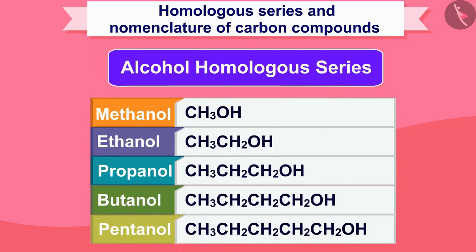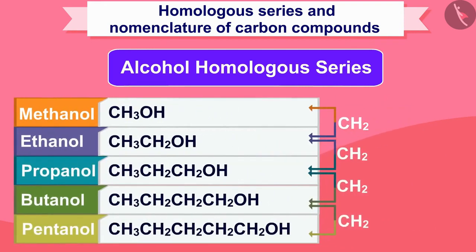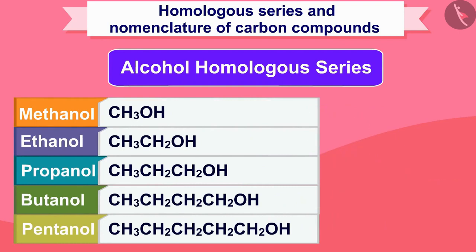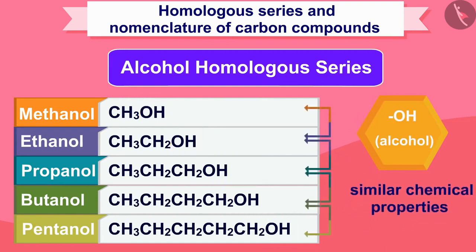You must have understood by now that this is a homologous category of alcohol, and here too, CH2 has to be added to move from one unit to the next. And moving from one unit to the next changes the mass by 14. Because they all have the same functional group OH, they all have similar chemical properties.